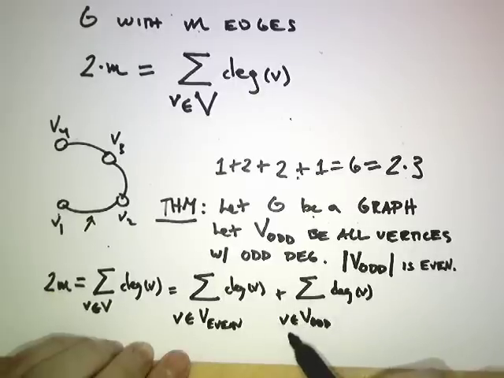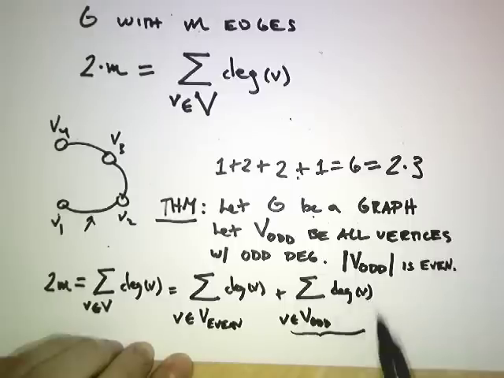And then here we're looking at this term. Well, these degrees could be odd. In fact, they're all odd, because the definition of V odd is all vertices with odd degree. So in this sum, you might see 3, 7, 9, 5, and so on and so forth. But what we want to know is how many terms are in this sum.